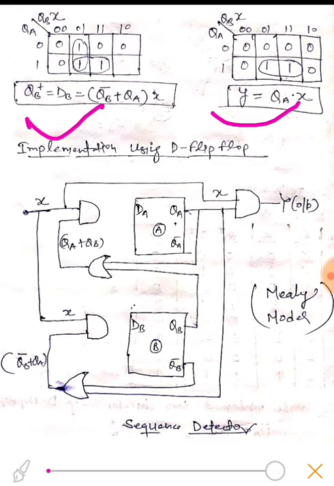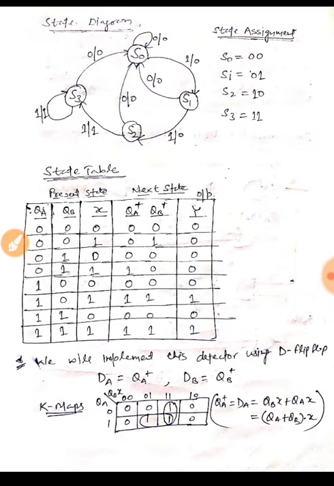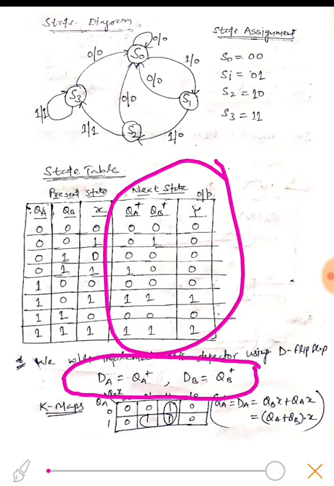Similarly we can calculate using the truth table. Over here, from this table we can calculate QA, QB and Y's expressions using K maps. And now we will implement this sequence detector using the D flip-flops.